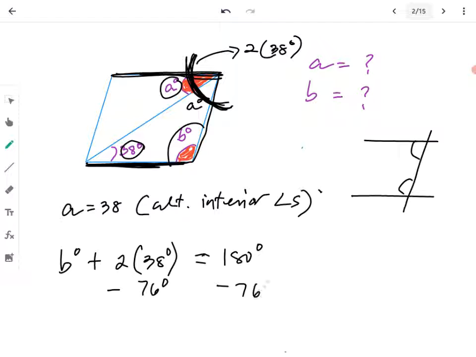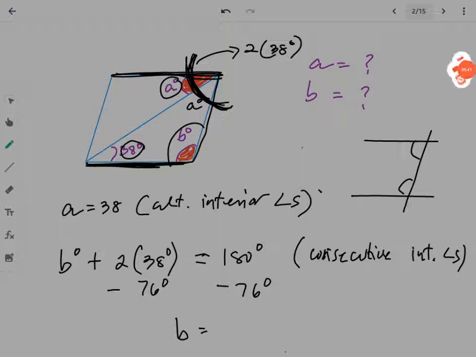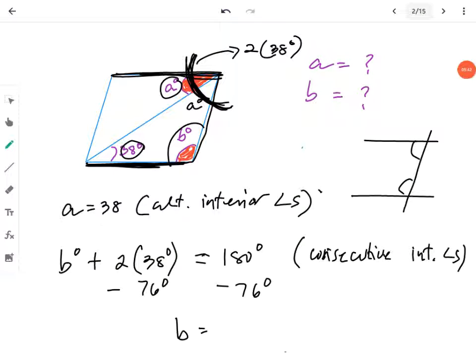So B is, what's our reason here? They are consecutive interior angles. Okay, so B is 104 degrees.